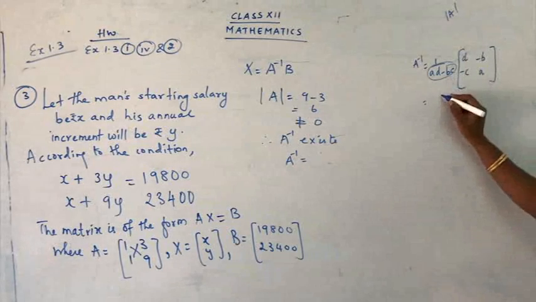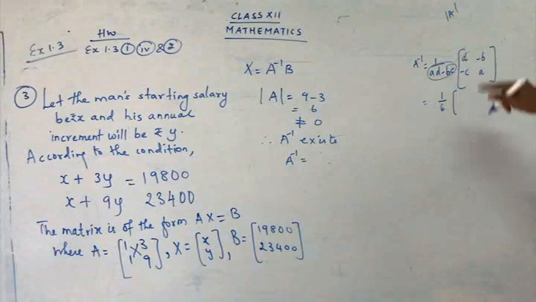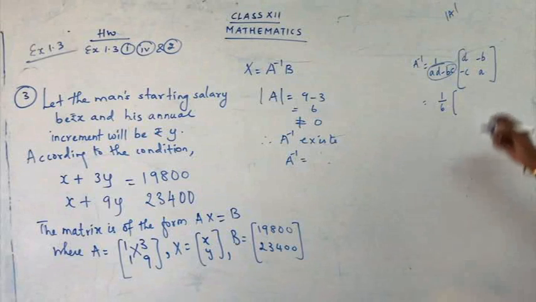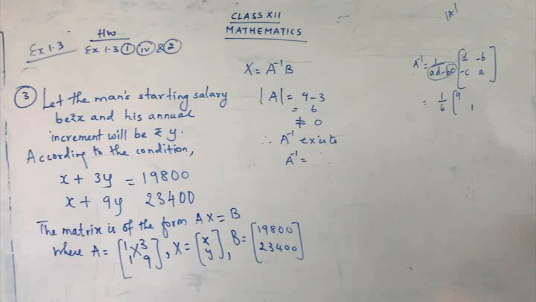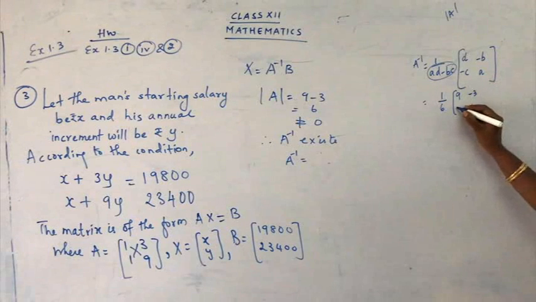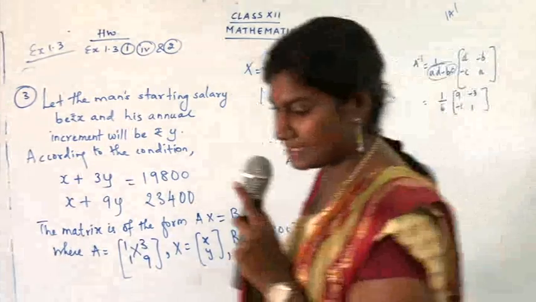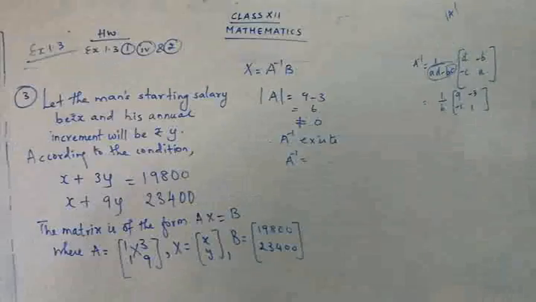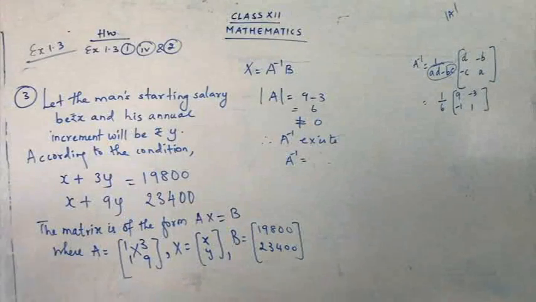So what we get here, 1 upon 6, D A, interchange A and D, 9 and 1, yes children. So 9, 1. Change the sign. So minus 3, minus 3. So I have found the value for A inverse. What is the answer for A inverse? 1 upon 6, 9, minus 3, minus 1 and 1.